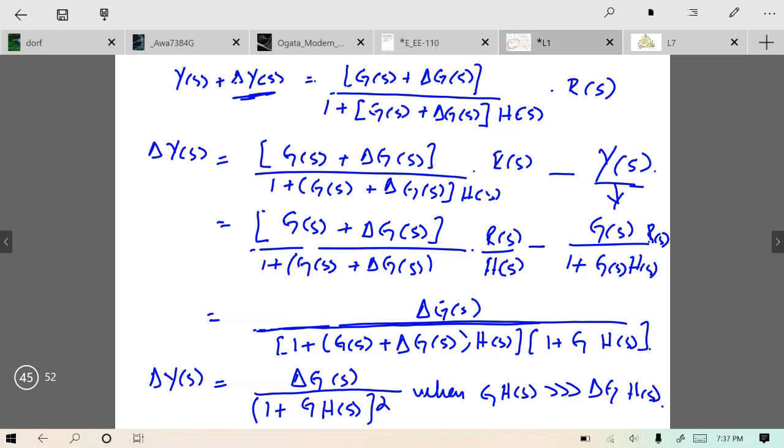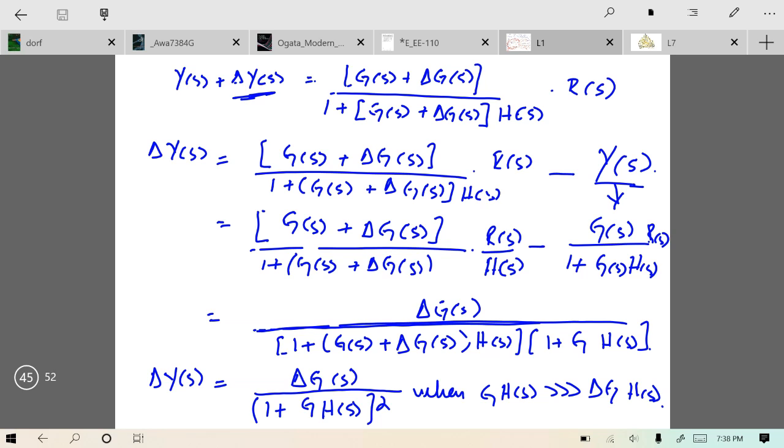So this is the equation. When I put g h of s very much greater than delta g h of s, then obviously this 1 plus g h of s and this 1 plus g h of s would make 1 plus g h of s square, and this term will be ignored or vanish due to its small size, as we already know that we have taken delta g of s as a small change in g of s.